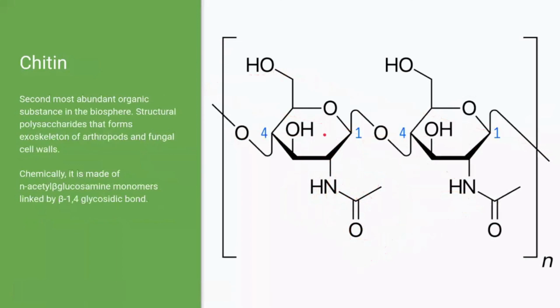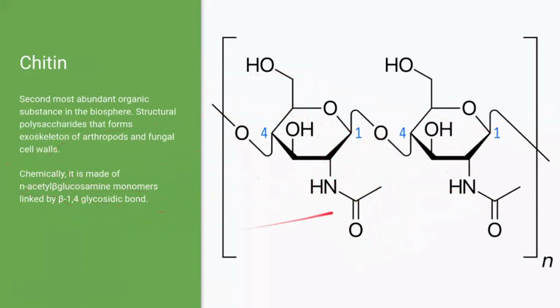It's joined at position 2 of this glucose molecule. Chemically it is called N-acetyl because if you take the acetyl and it is attached to the nitrogen atom, you call it N-acetyl, N because it is linked to the nitrogen.